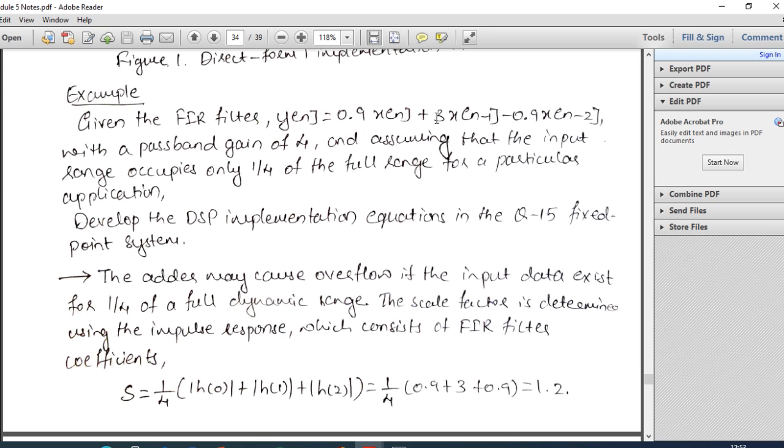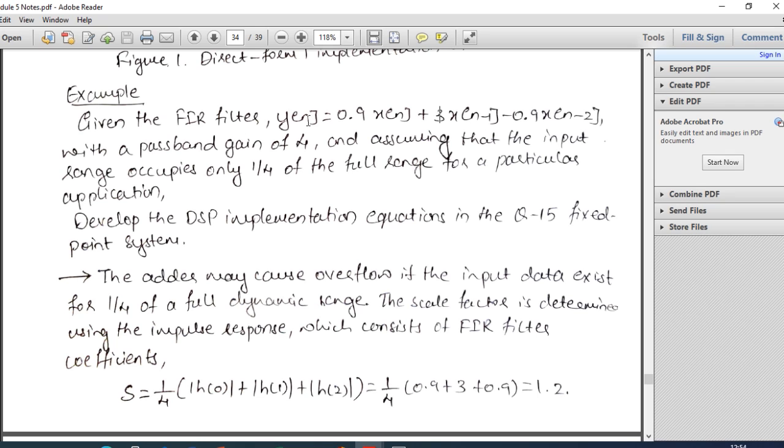The second coefficient is greater than 1, so we have to scale down the coefficients, and with respect to that, scale down the input signal also. Suppose n is 0, so we get x of 0. That x of 0 value may be greater than 1, that is the amplitude Imax. If it is greater than 1, then it should be scaled down by less than 1.